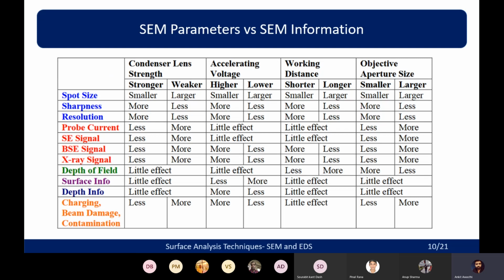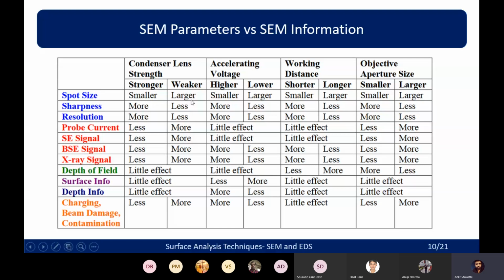So these are some parameters you can see: accelerating voltage, working distance, and the objective lens aperture size. If you vary these, you get changes in spot size, sharpness, resolution, and the quality of the signals we are getting.